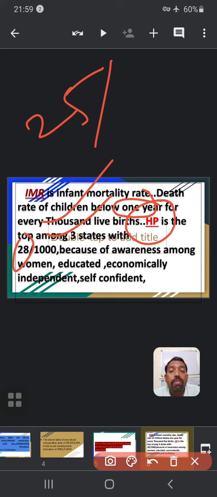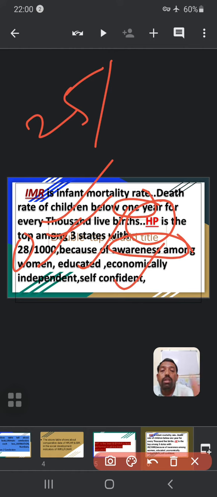Why the best performer? Because of awareness among the women. Women are generally educated, so they are doing jobs and they are economically independent. So they have self confidence.